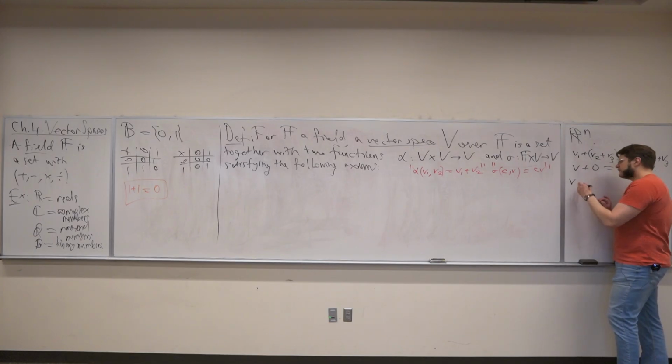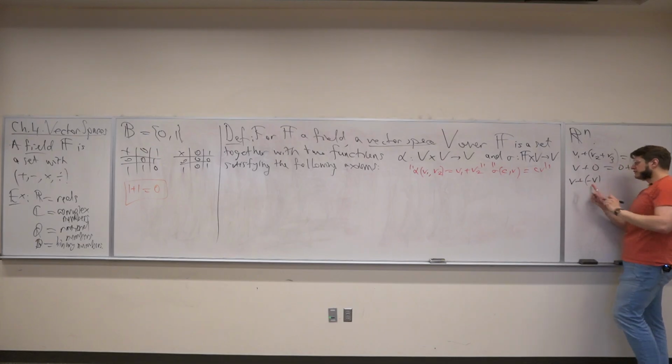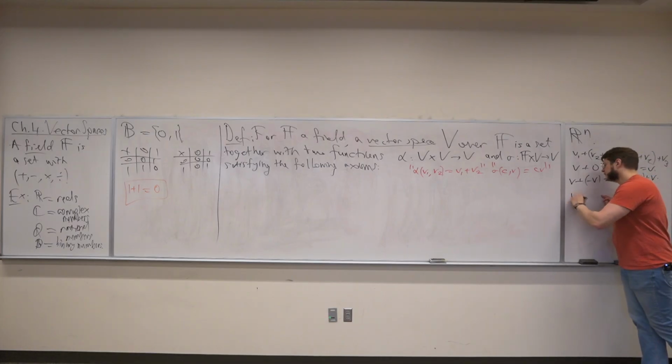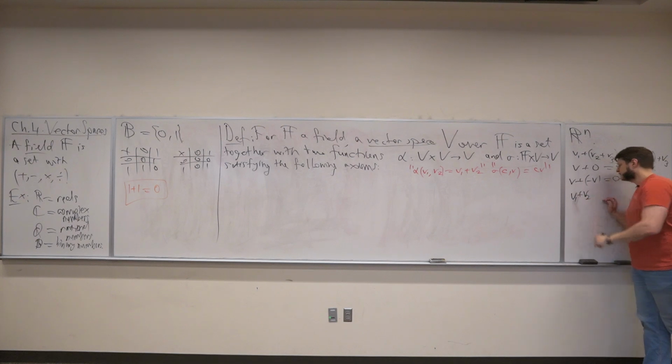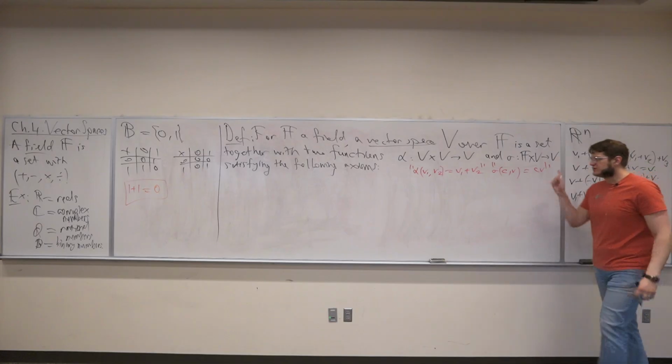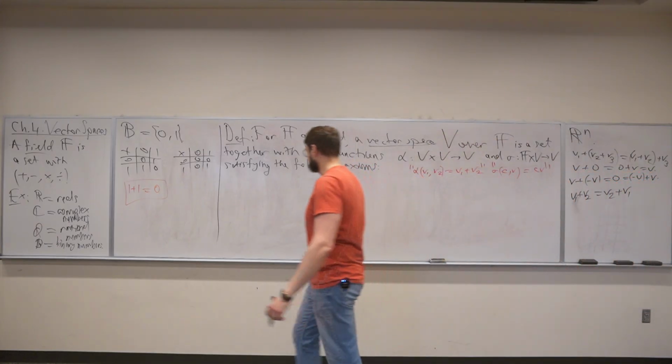And if you add to V something called minus V, it should give you the 0 vector. Again, you need to axiomatize this one. And finally, you need to axiomatize the idea that v1 plus v2 should be the same thing as v2 plus v1.